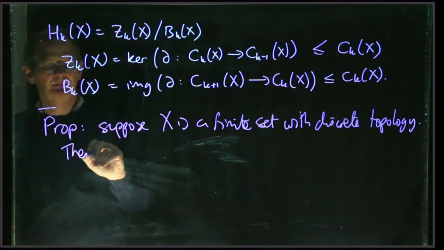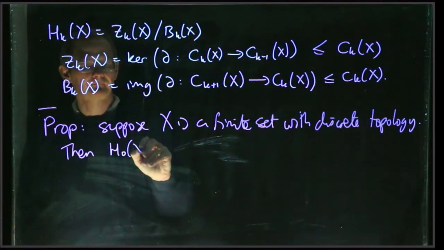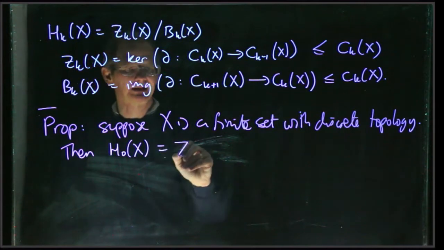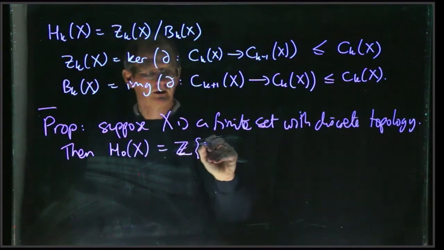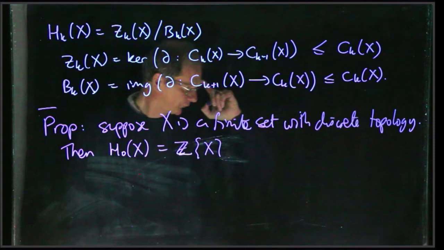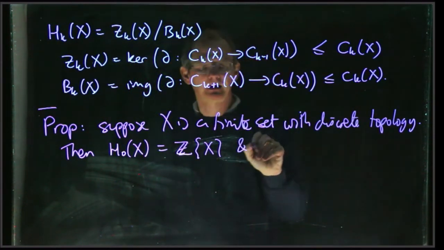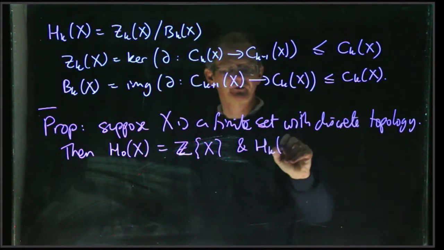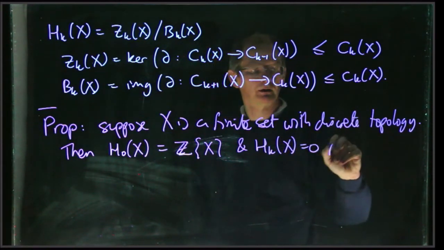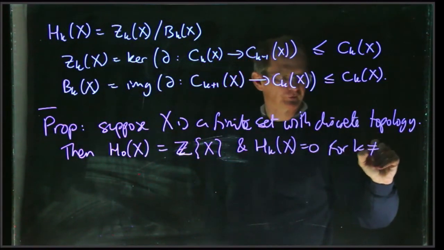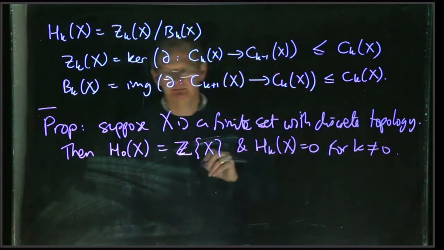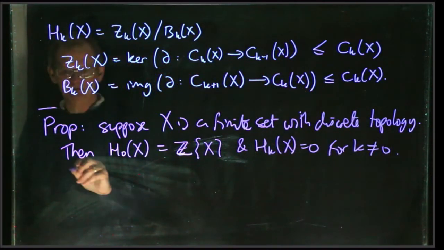So then the claim is that H_0(X) is just the free abelian group on X, a set of formal Z-linear combinations of points of X, and H_k(X) is 0 for k different from 0. Okay. So let's prove that.